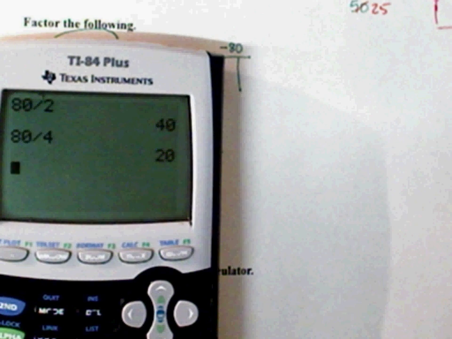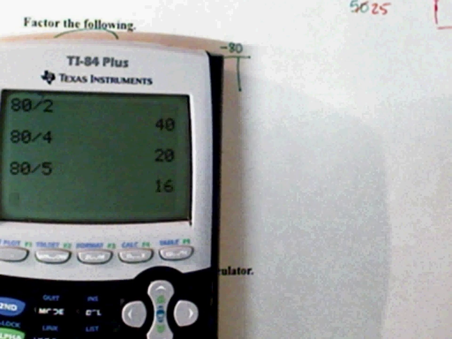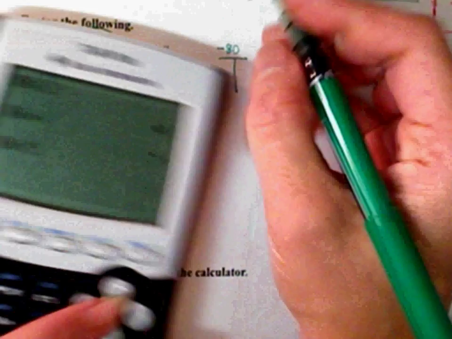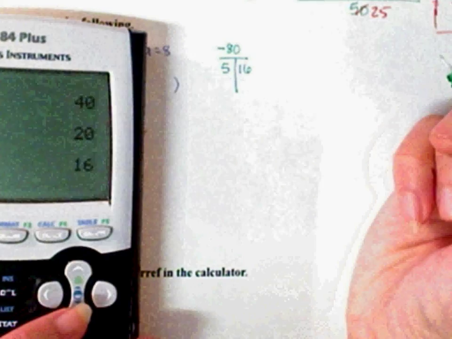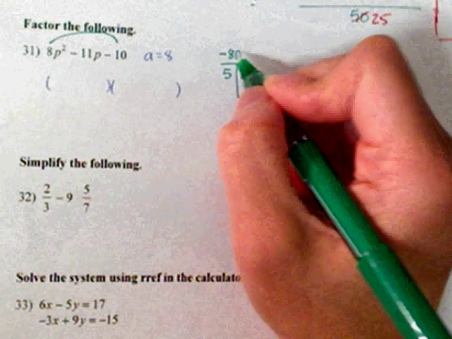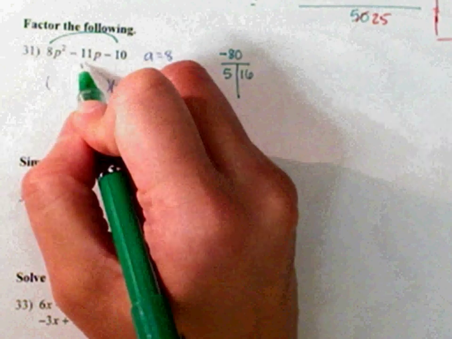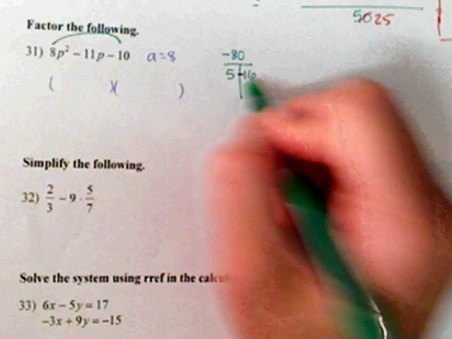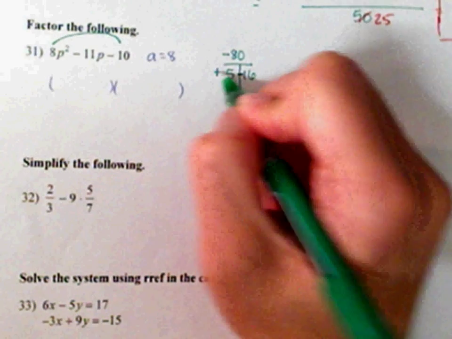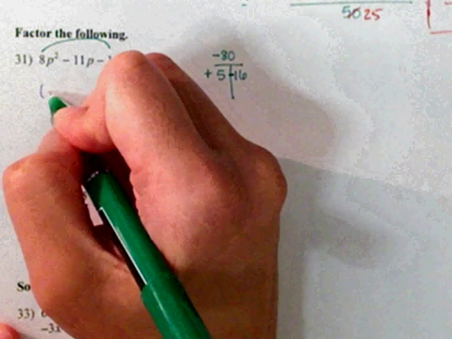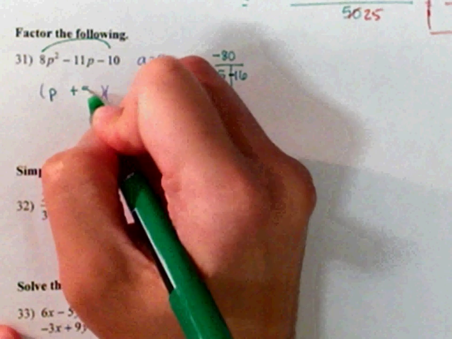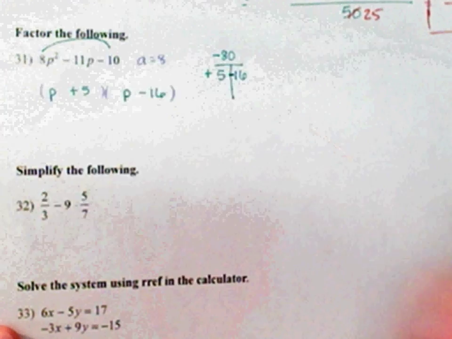That doesn't give me 11. 80 divided by 5. That gives me 11. So it is 5 and 16. Okay? And I'm going to subtract because that's minus. And since this is negative 11, I know 16 is going to be negative and my 5 is going to be positive. So I'm going to have P plus 5 and P minus 16.